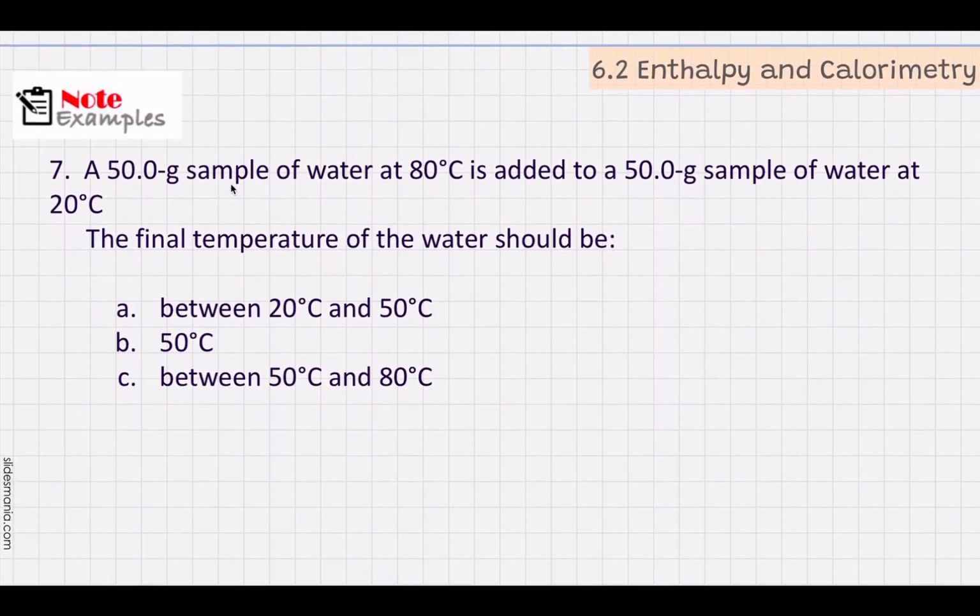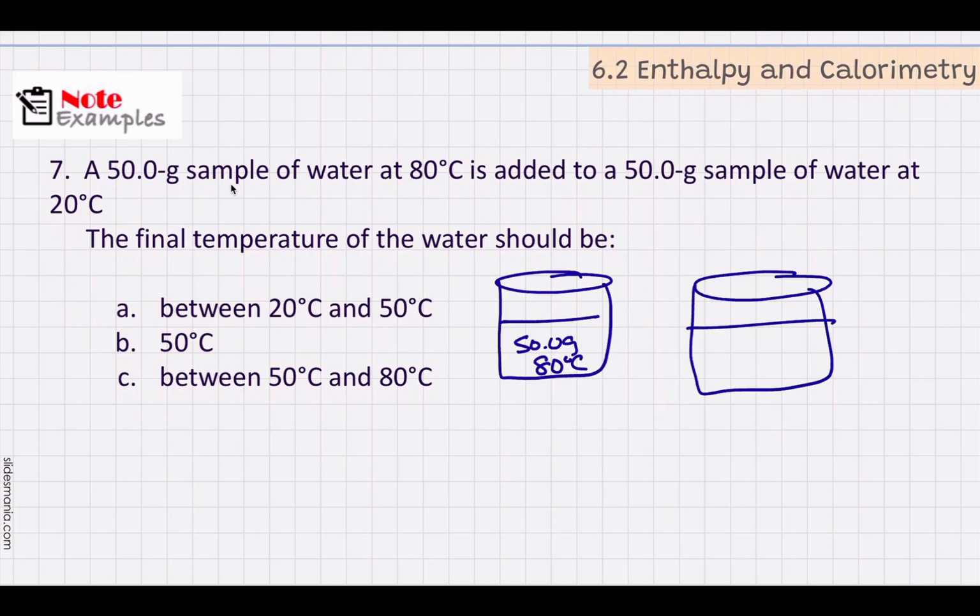Next question is similar to one of the questions that we did, actually not so much. If you have 50 grams of water at 80 degrees, and you mix it with another 50 grams at 20 degrees... Oh, sorry.